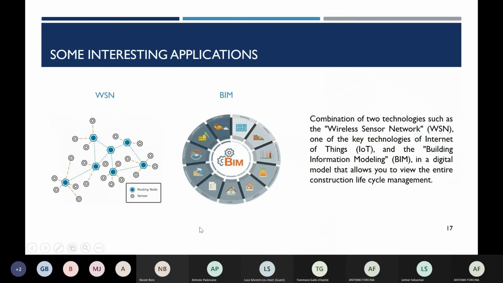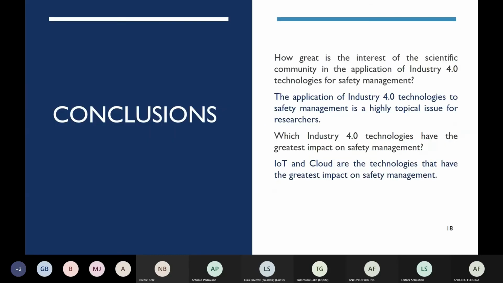The last application we have chosen is a model based on wireless sensor network, one of the key technologies of IoT, and also based on building information modeling. This model allows to view the entire construction lifecycle management.